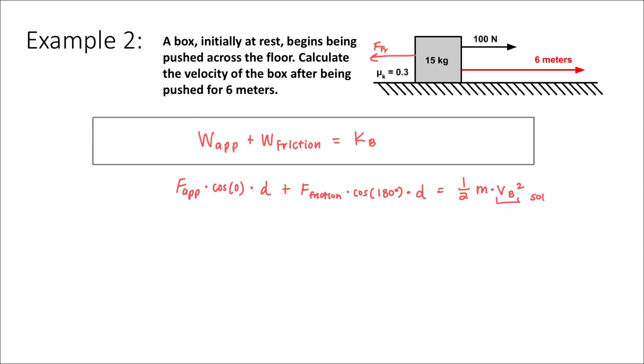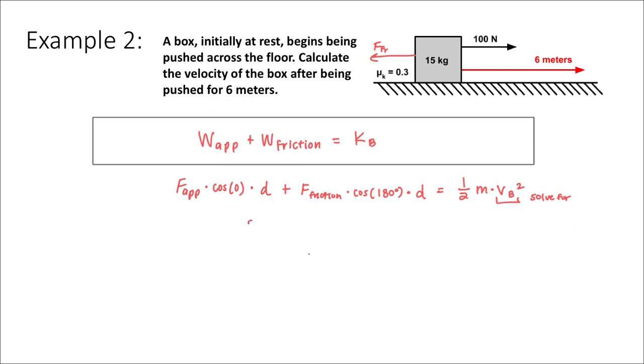I'm actually just going to rearrange for VB directly before I plug in my values. I'll simplify the cosine values, but I'll go ahead and plug in my values afterwards. So I'm rearranging. I'll multiply both sides by 2, then divide by the mass and take the square root of both sides.